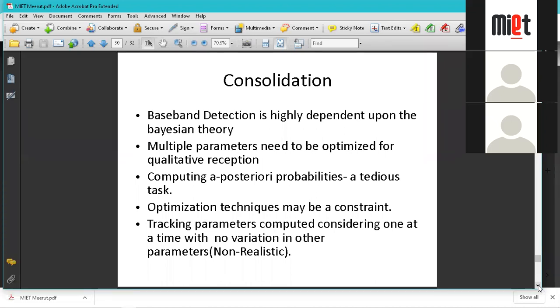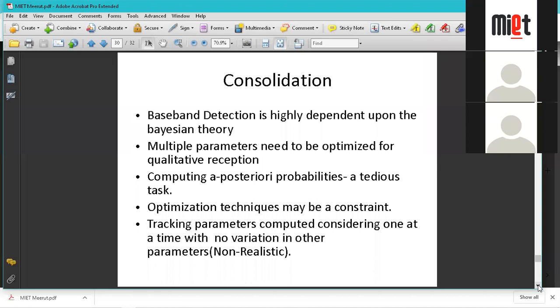The fourth point is that we are using a lot of optimization techniques in the statistical methods. They might have constraints. These constraints not only help in the process of optimization, but are also trouble for the optimization issue.